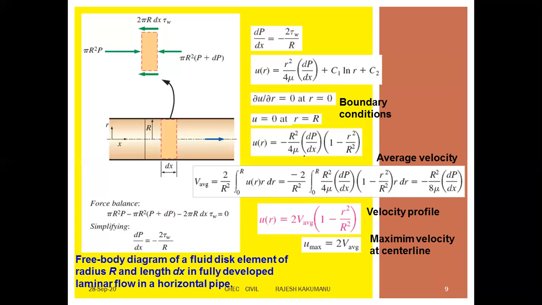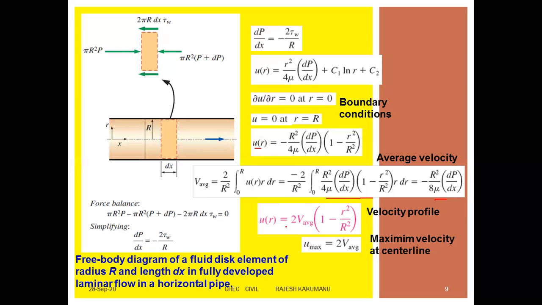Substitute this value here. After differentiating, you are getting that equals R square minus R square by 8 mu dP by dx. Okay, now we have to find the velocity profile.